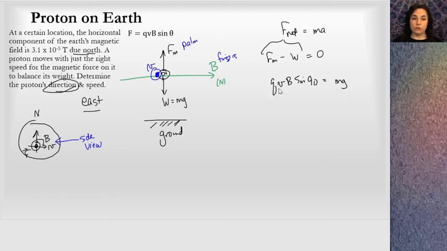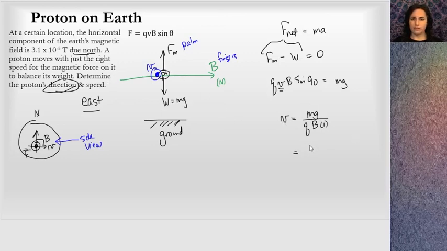I'm solving for the speed, so I'll solve for v in here. V equals mg divided by qB sine 90, but I'm going to note that sine 90 is 1. So these are all quantities that are constants that we know.